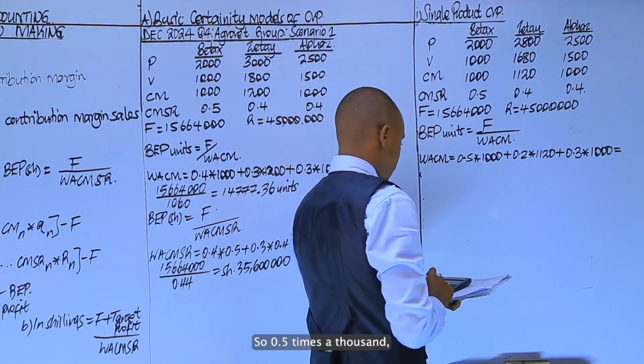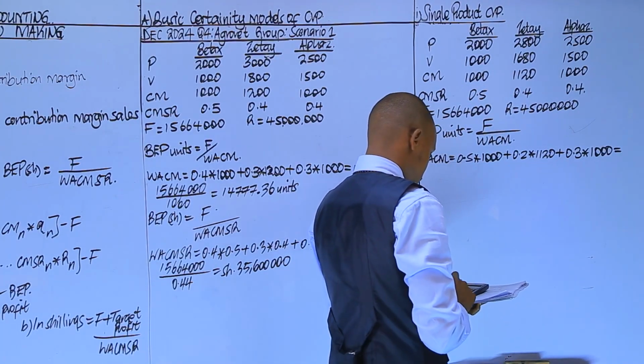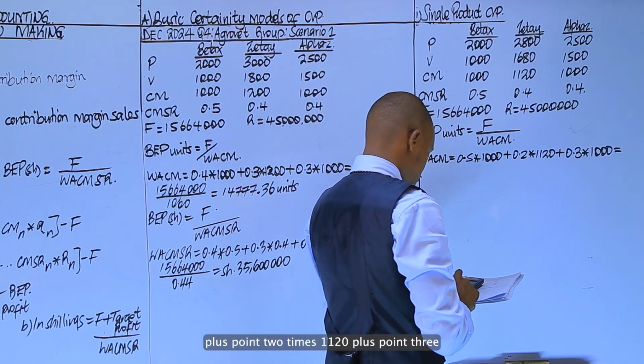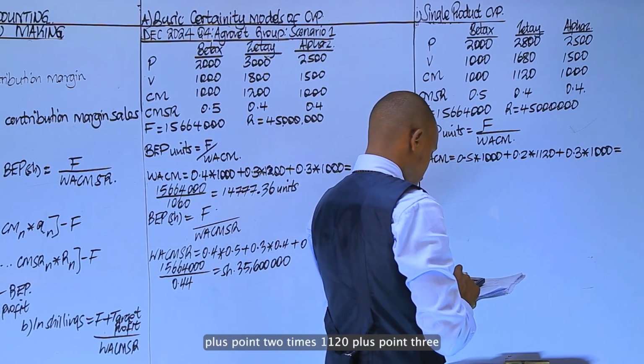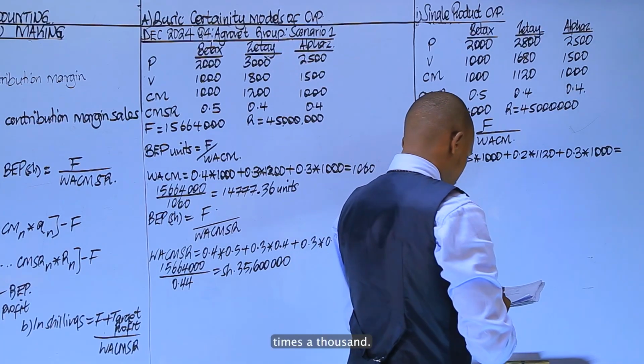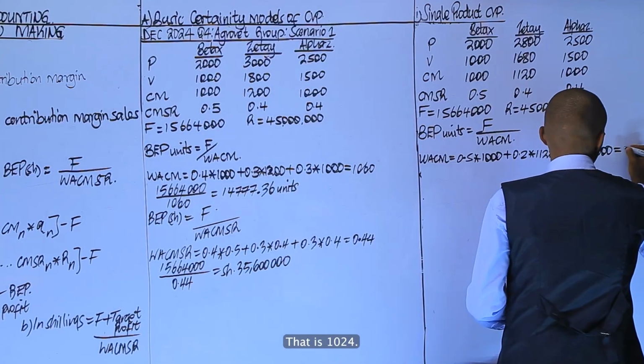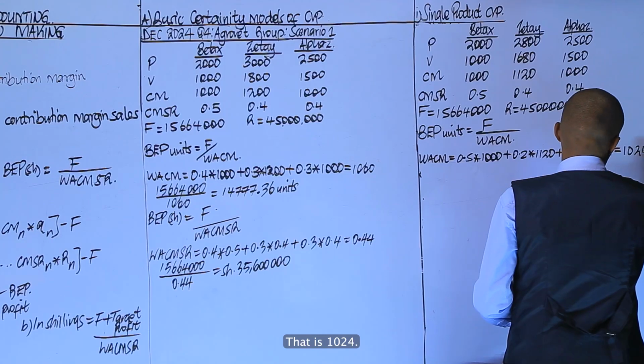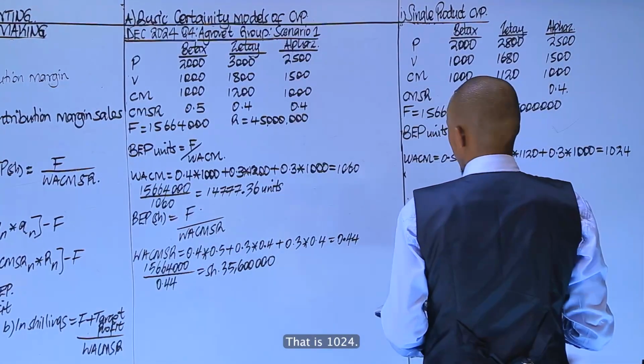So 0.5 times 1,000 plus 0.2 times 1120 plus 0.3 times 1,000. That is 1024.